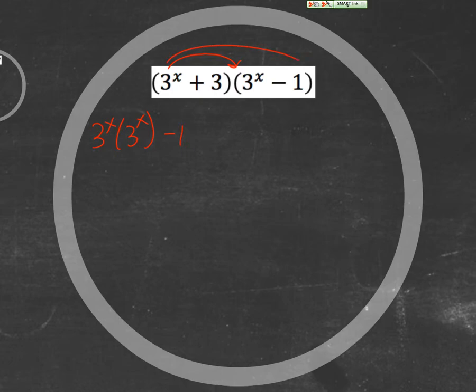Then I've got negative 1 times 3 to the x, 3 times 3 to the x, and 3 times negative 1, which again, I know some of these steps you guys are going to start doing in your head. That also follows along with the way it is presented on the very first slide we talked about. So now we can start simplifying and combining some like terms because I know that 3 times negative 1 is going to be a minus 3.